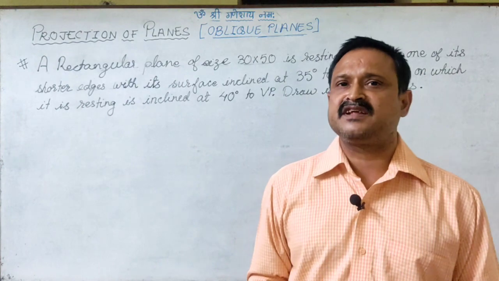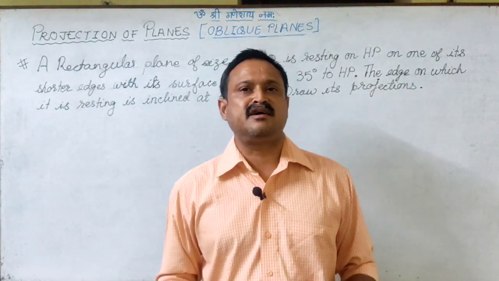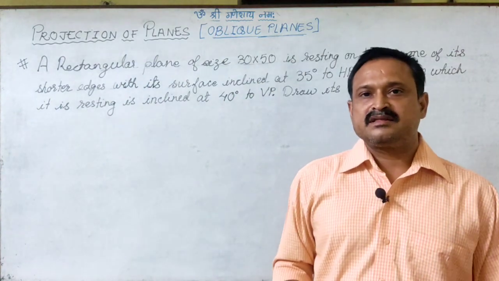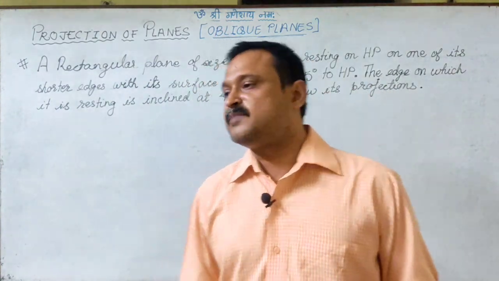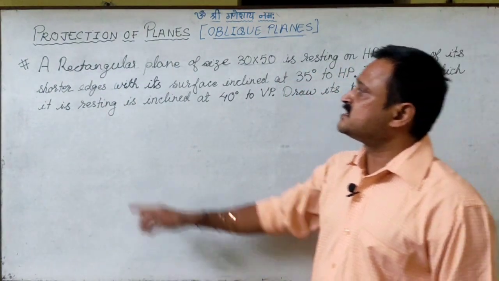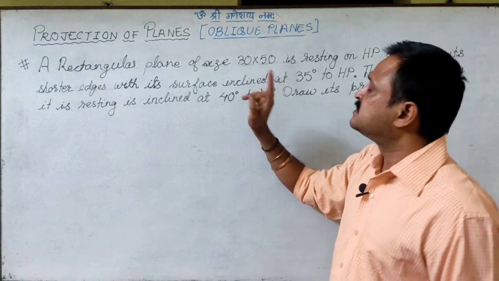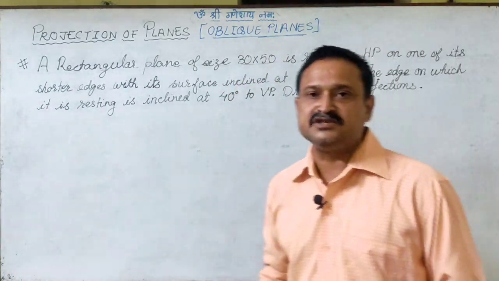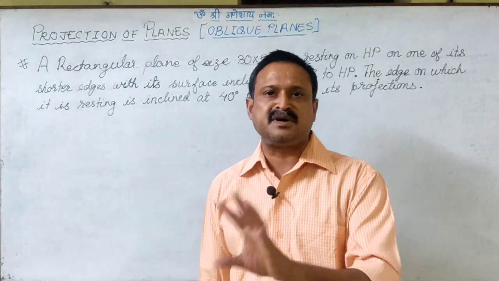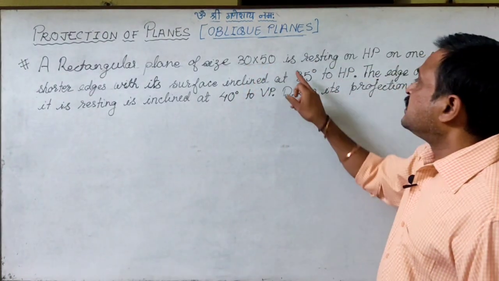So here I have taken a very simple plane just to develop the understanding of how we go about the projection of an oblique plane. Now in the problem it is stated that there is a rectangular plane of size 30 by 50. I can take it as 30 units by 50 units, or 30 mm by 50 mm.